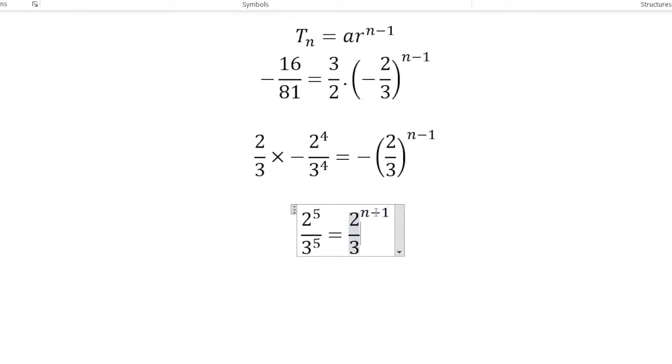Let's put brackets so that you don't make silly mistakes. This is what we left on the right hand side.